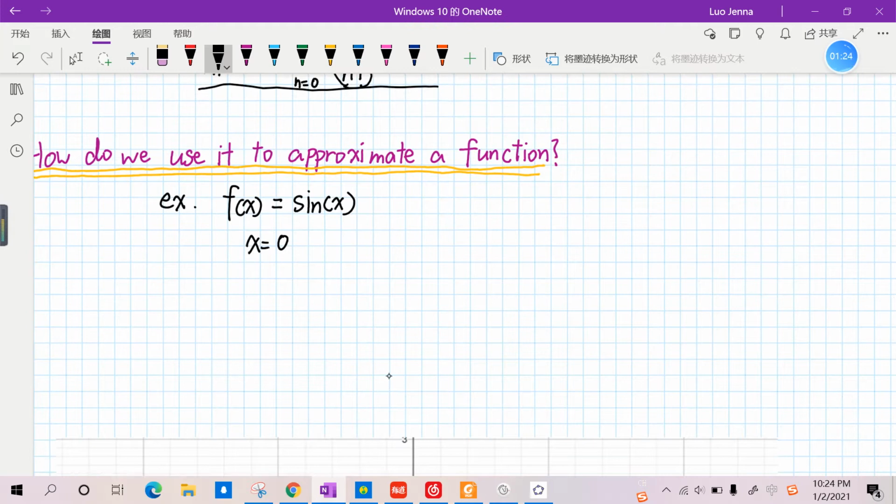Well, I take the first 5 terms of Taylor polynomial. Of course, you can take as many terms as you like to approximate a function. So I write it here, and sine x here.